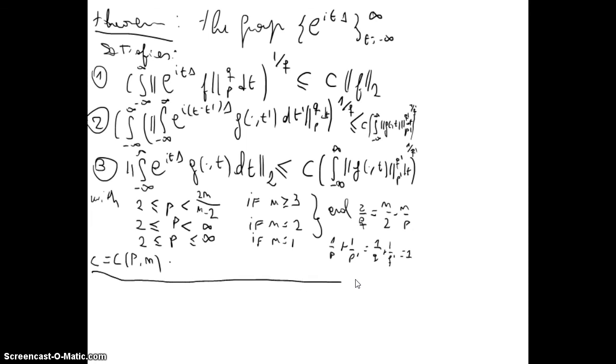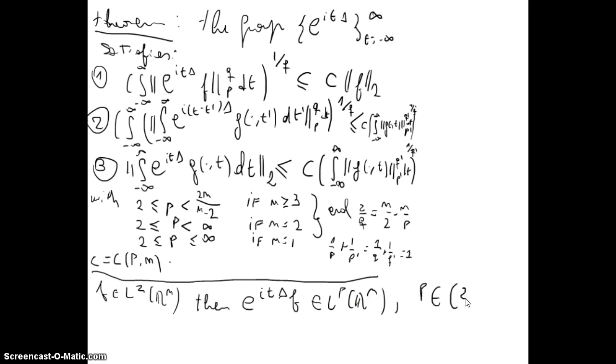So this theorem tells us that if f is in L2, then e^{itΔ} of f is in L^p in Rn, and this is for some p between 2 and, well, a p that depends on n, okay, of the dimension.